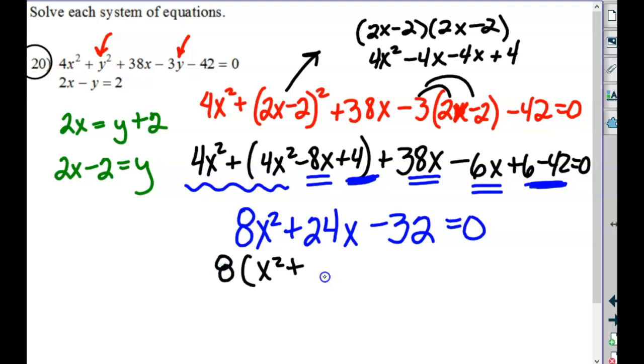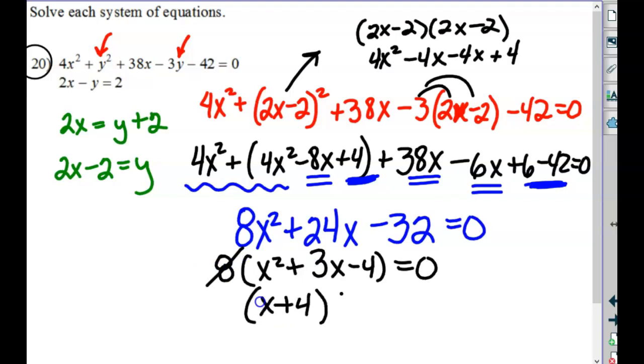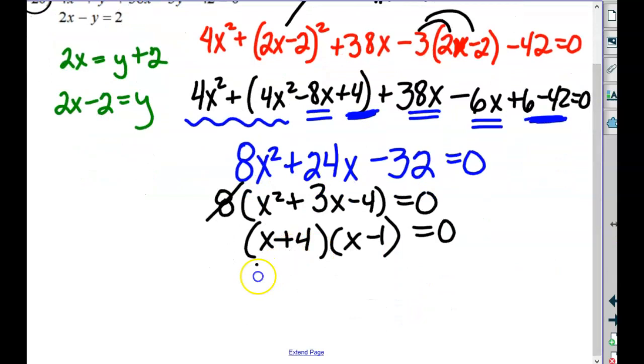We can throw it out, or we can leave it out front. It doesn't matter. It's not going to equal 0. So we can just divide it away. Now, x plus 4, x minus 1. Anybody getting negative 4 and positive 1?